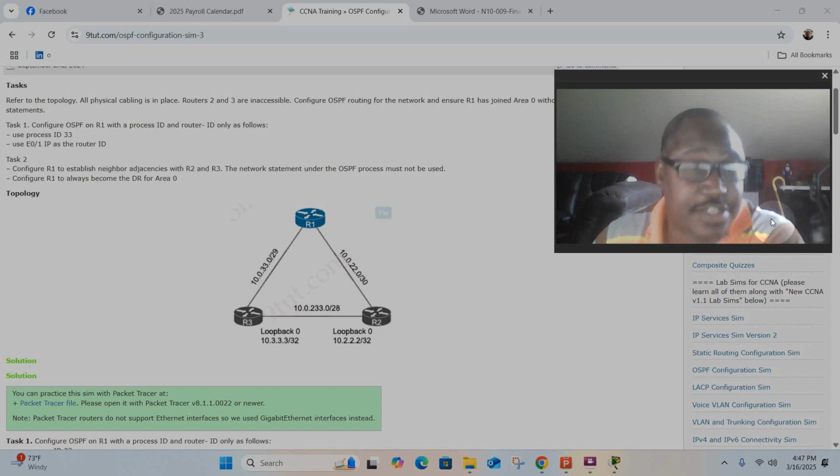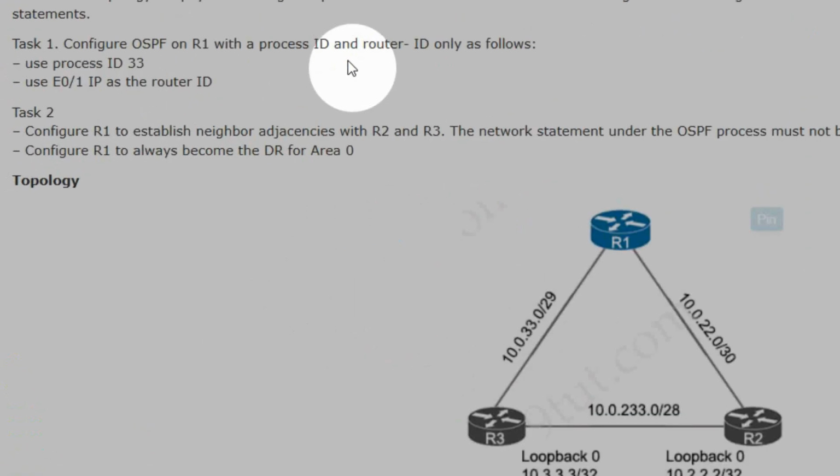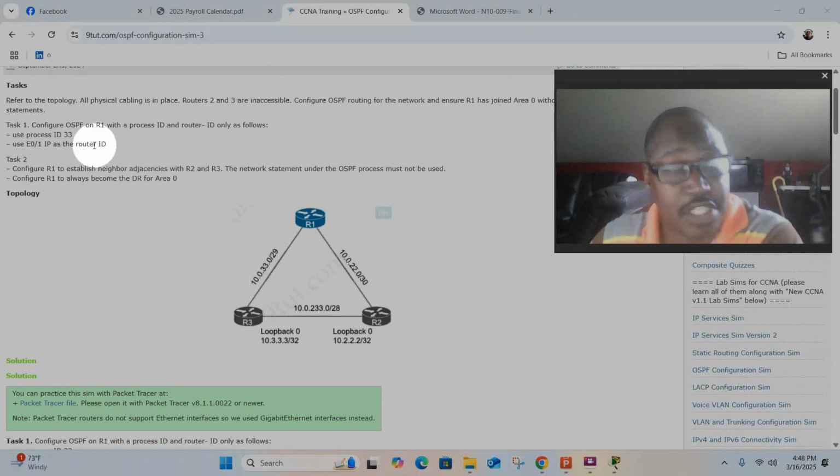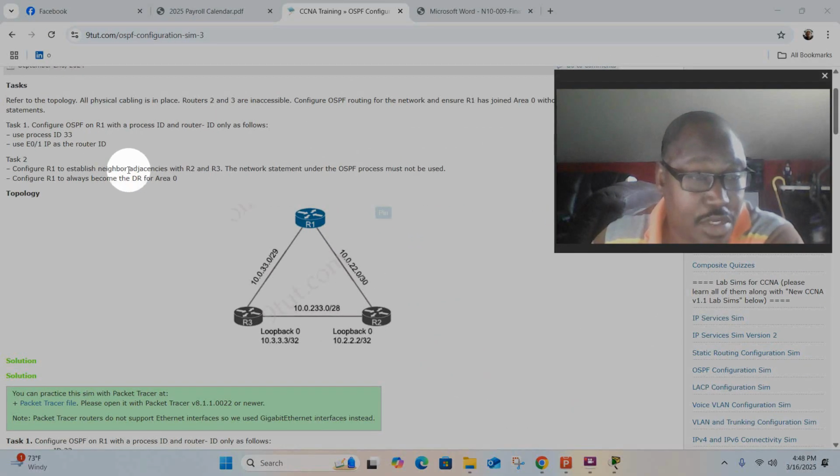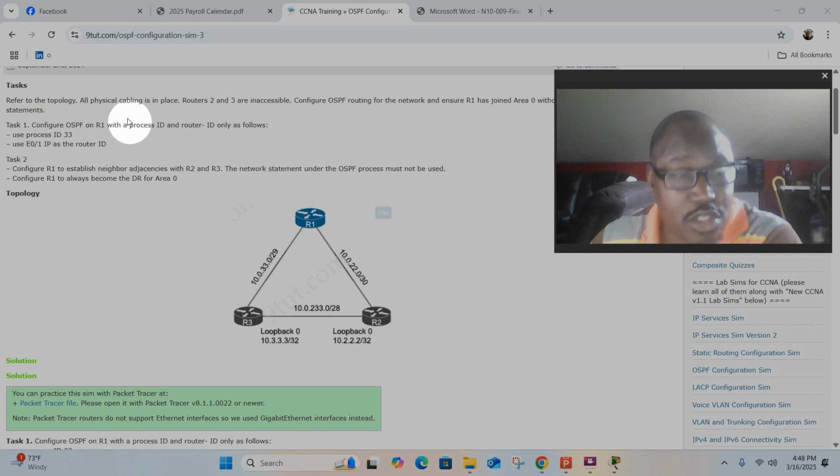So our first task is to configure OSPF on R1 with a process ID and a router ID. And so the process ID is going to be 33. And we're going to have to do a show IP interface brief to see what the router ID is going to be. Task 2, like I said, we don't have access to the second and third router. So we only got to do the configurations on this one router.